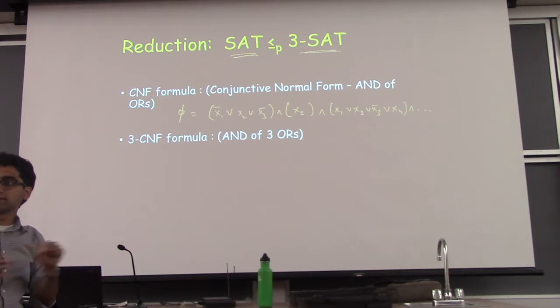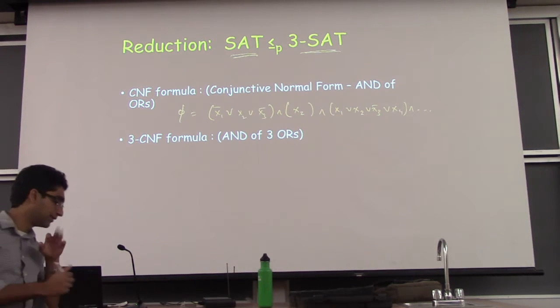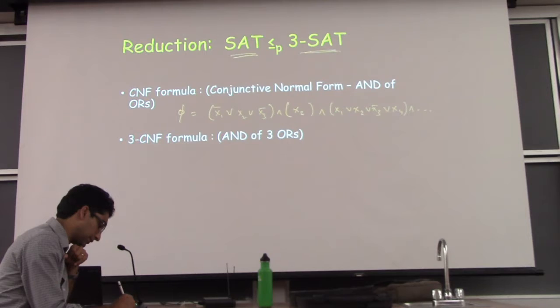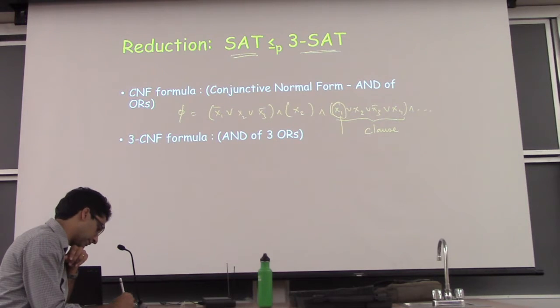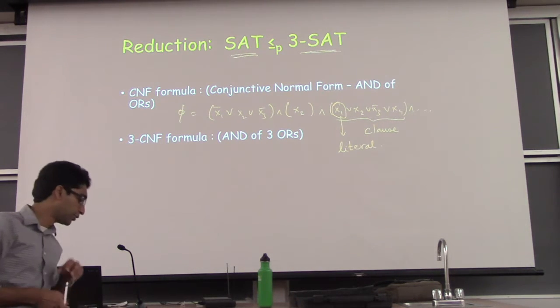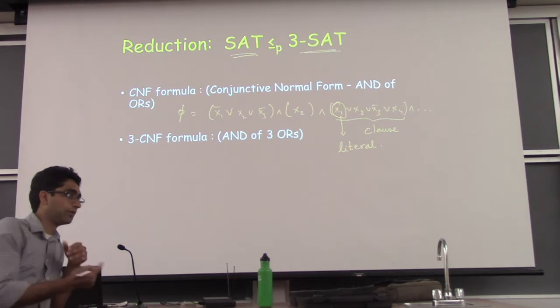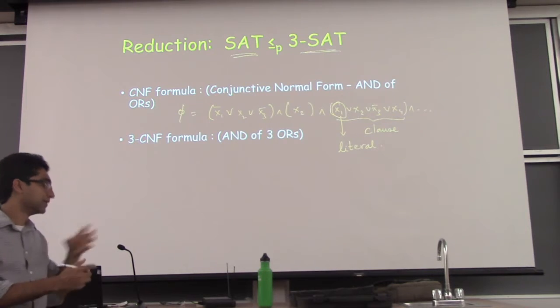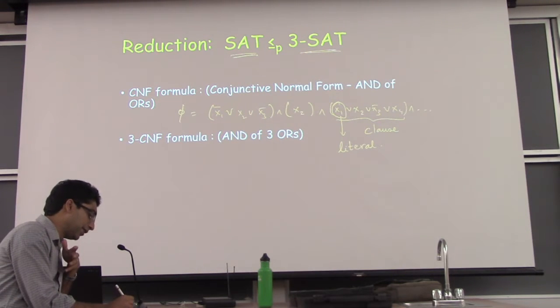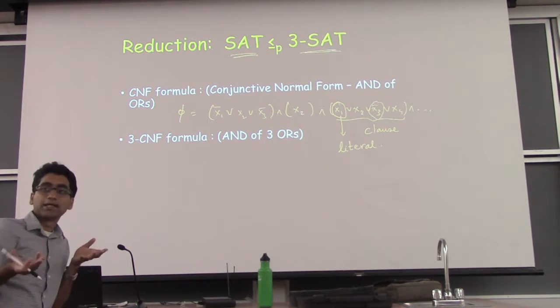And each clause is an OR of a bunch of what we call literals. So this whole thing is a clause, and this is a literal. These are words that you might want to remember. Literal just means some variable or its negation. So x3 bar is a literal.